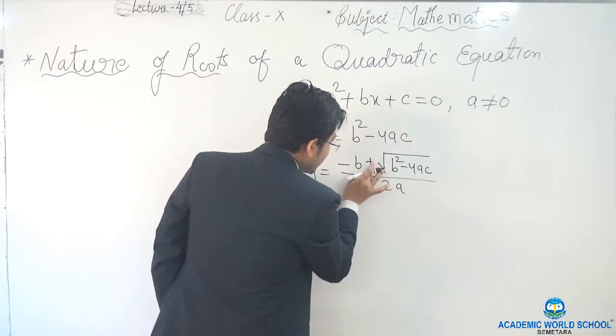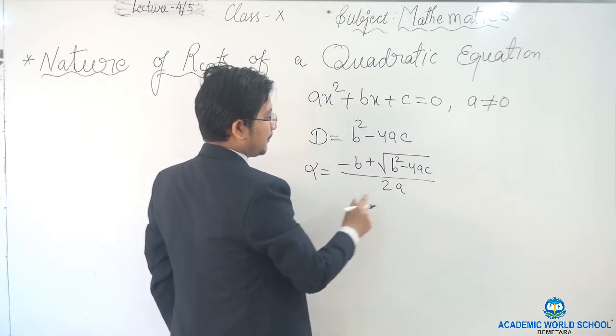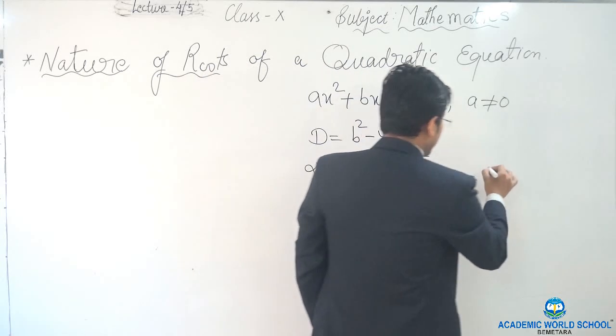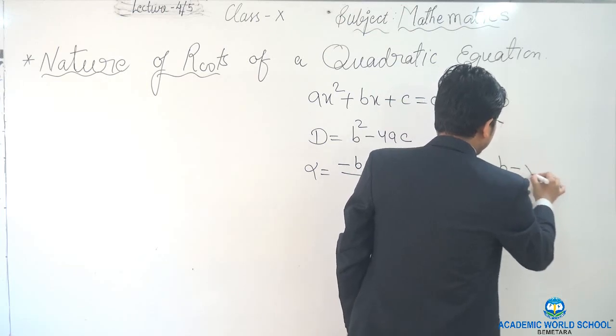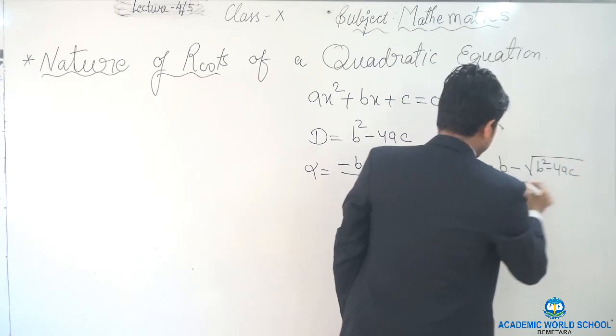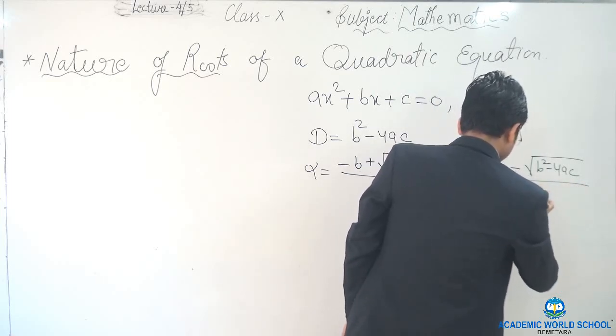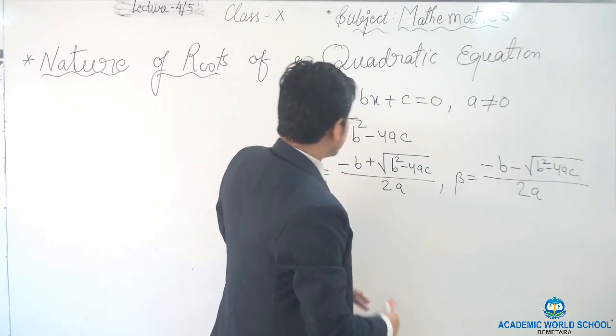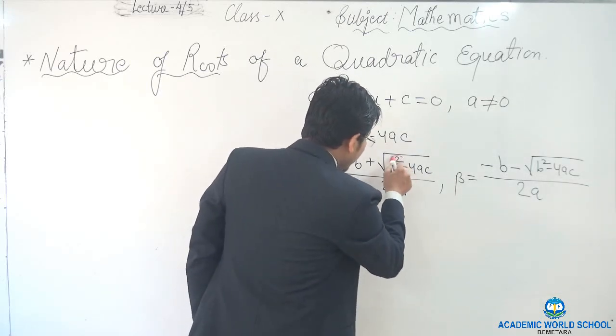We are taking the positive sign, so let's say this is alpha, one of the roots, and the other root is beta. Beta will be (−b minus root over b² − 4ac) upon 2a.